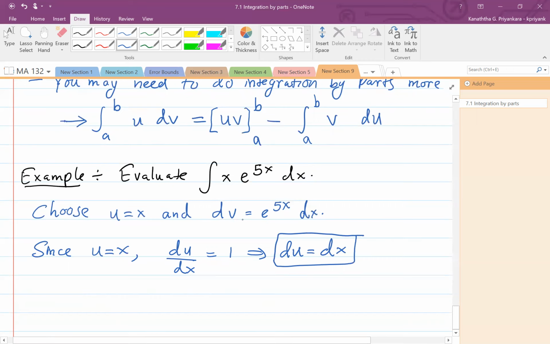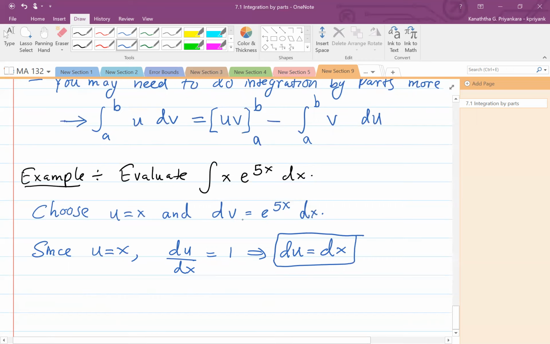So now we have all required terms: u, dv, du and v. Now I'm going to apply the formula. The integral of u dv equals uv minus the integral of v du.